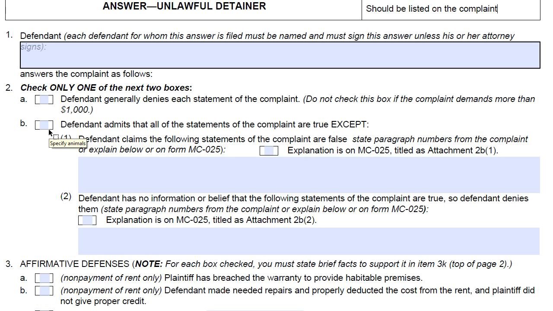Okay, paragraph number 1 asks for the names of the defendant that this answer applies to. What this means is if you have a roommate or somebody else who was on the lease and that person is also being sued, you have to decide whether you're going to file one answer for both of you or if that person is going to file their own answer.